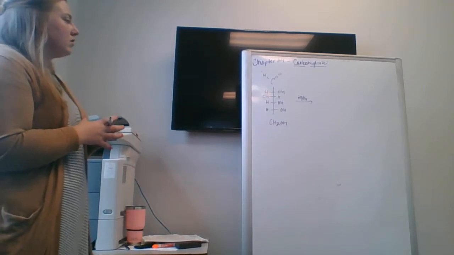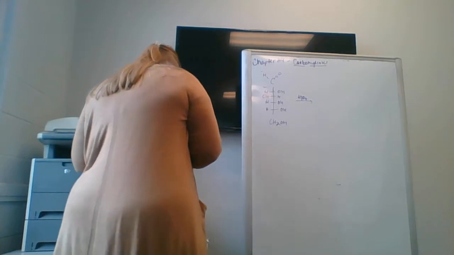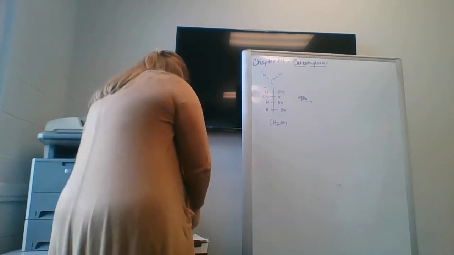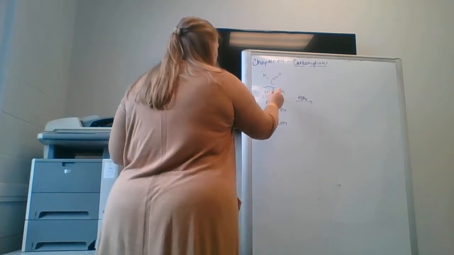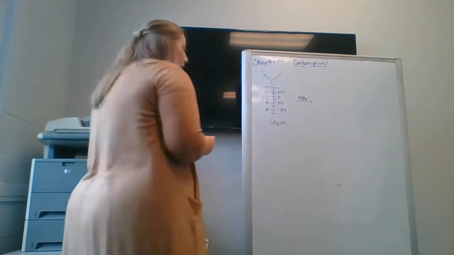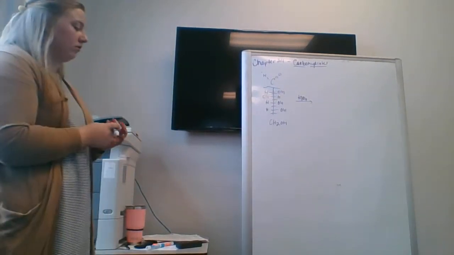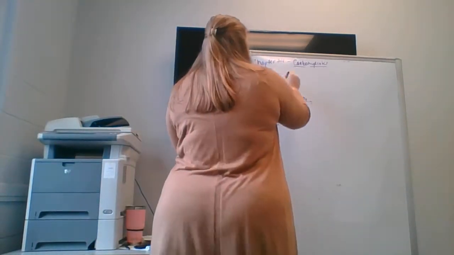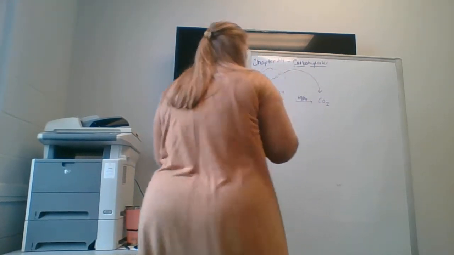So we're going to basically cut up this monosaccharide, and each piece is going to be oxidized differently. For example, our aldehyde group is going to be oxidized to CO2.